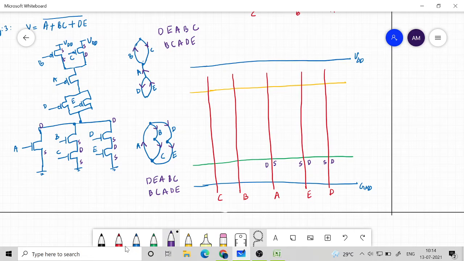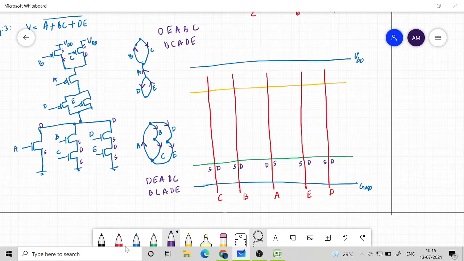So the drain of the A transistor is shared with the drain of the B transistor, and this is the source of the B transistor. The source of the B transistor is shared with the drain of the C transistor, and this will be the source of the C transistor.